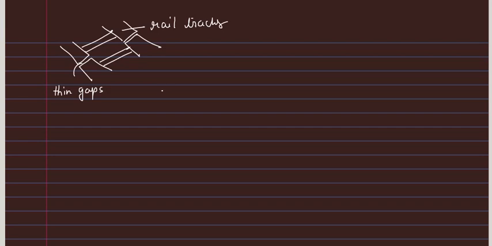So what's the reason? The reason is during summer, when the overall temperature due to the weather increases, the material with which the rail tracks are made undergoes thermal expansion, and these thin gaps are kept to compensate for that, because after they expand, they hold against each other very tightly.